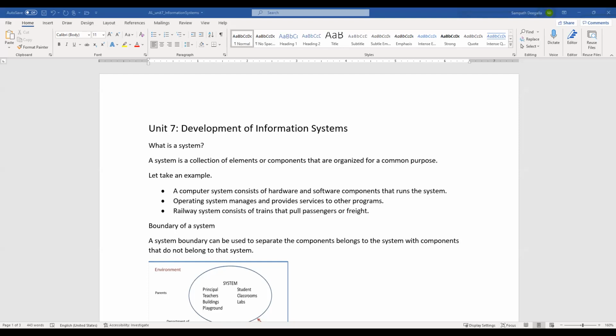For example, if you take a computer system, you have both hardware, that means physical components, and software. These hardware and software components together run as a system. Similarly, if you take an operating system, there are various tasks performed by the operating system, and it also provides other services to the programs, which is another system.